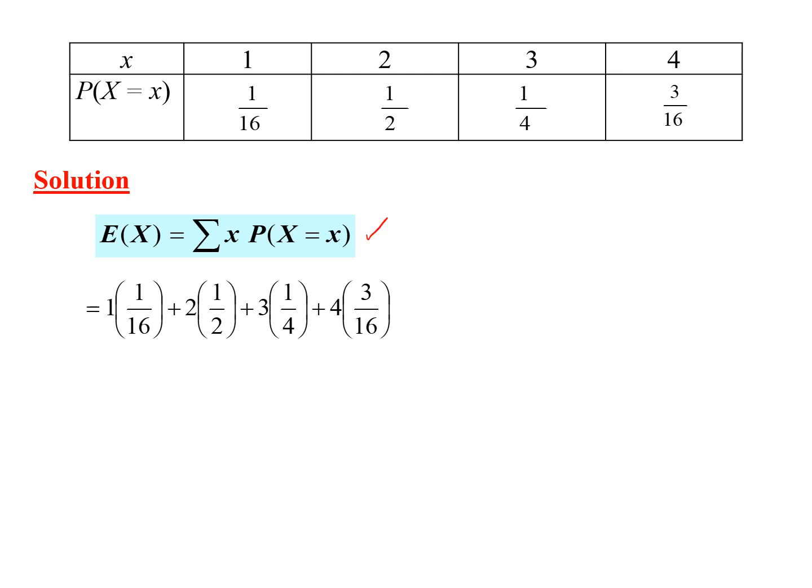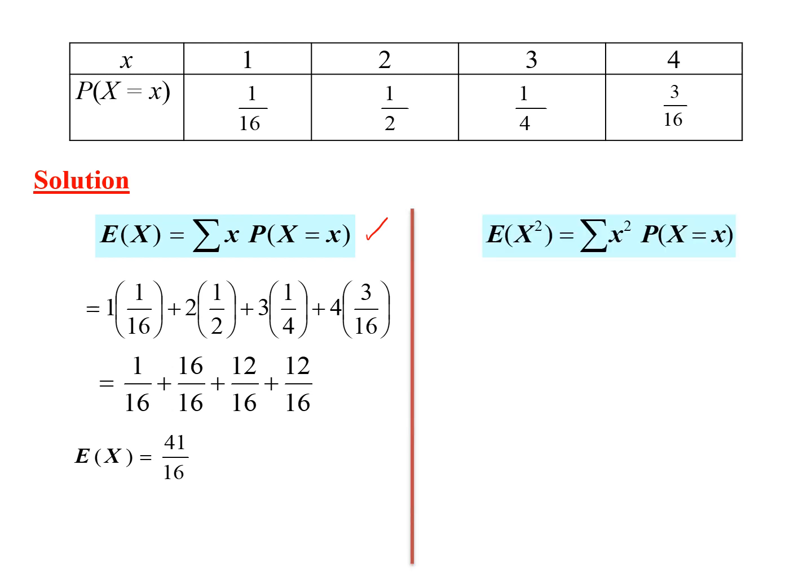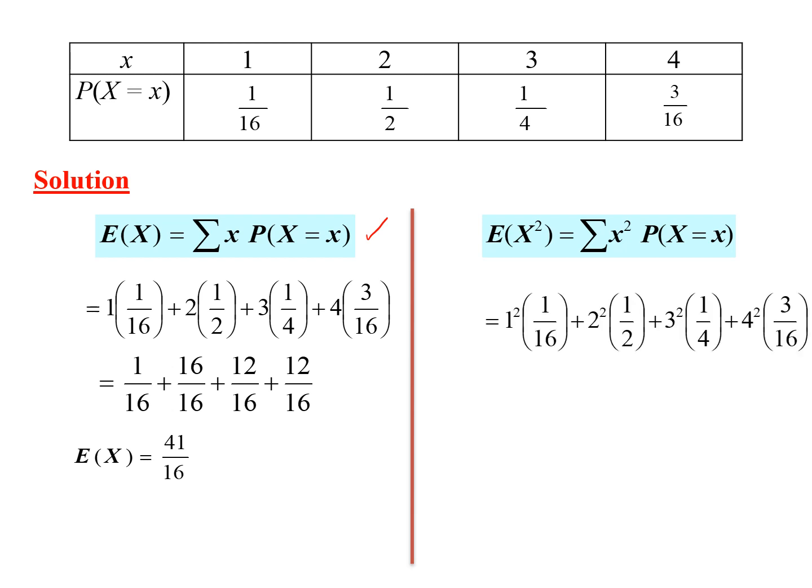Then we will get E(X) equal to 41 over 16. Second step, we need to find E(X squared). So we take the x, square it, then multiply by the probability. The calculation will give us E(X squared) equal to 117 over 16.